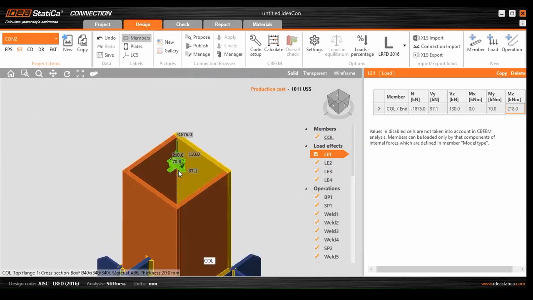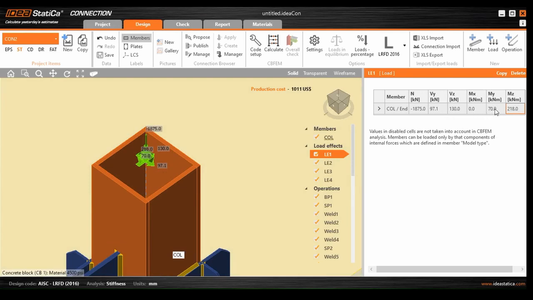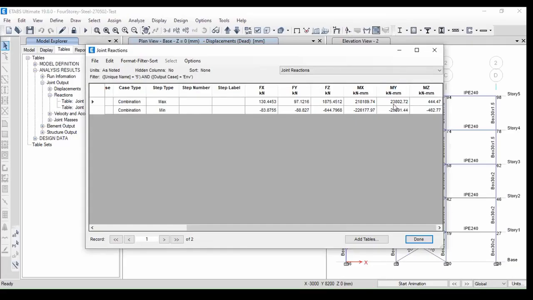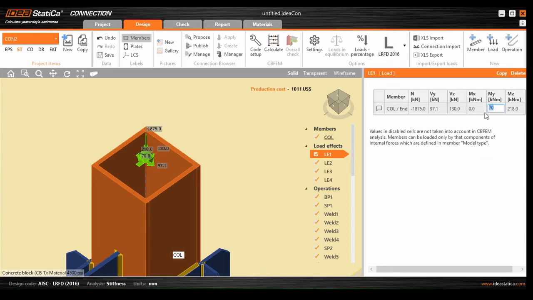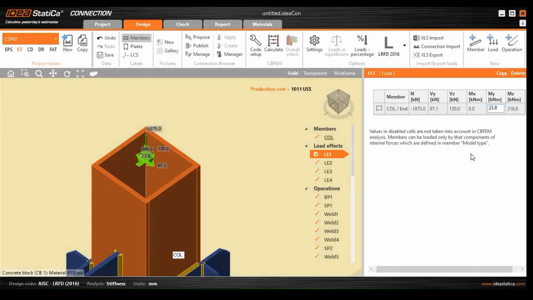You can zoom in to see whether we put them in the right direction. So, and MY is MY here, 23 kilonewton meter. 23 point, I believe, 0.8. Yes, 0.8. Okay, so far so good.